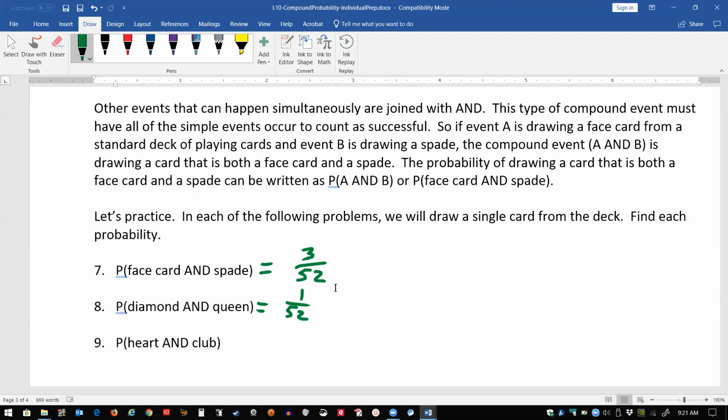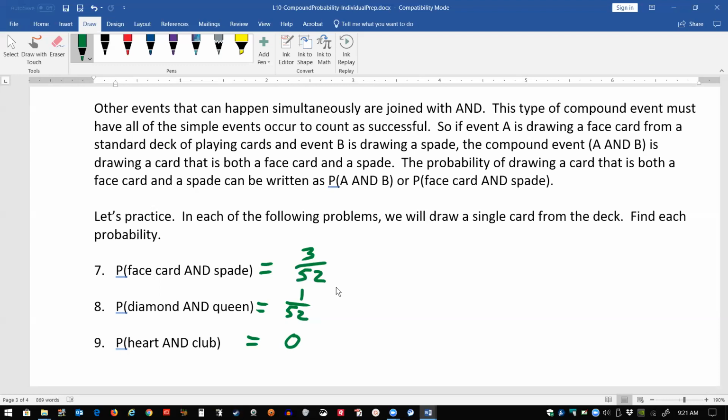What about number 9? The probability of getting a heart and a club? How many cards are both a heart and a club? None, right. So there are no cards that are both a heart and a club. So there's an example where we just have a probability of 0, because those 2 events can't happen together.